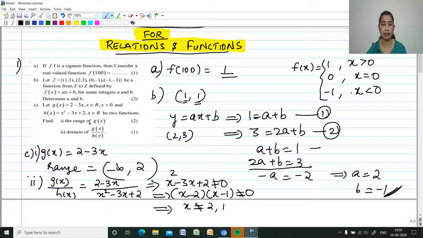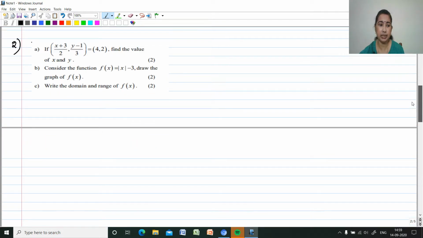What will be the domain of the given function? x can take all the values except 2 and 1. So the domain will be all real numbers minus {2, 1}. You have to subtract 2 and 1 from the set of real numbers. Remaining all values x can take. So that is about that first question. Now moving on to the second one.